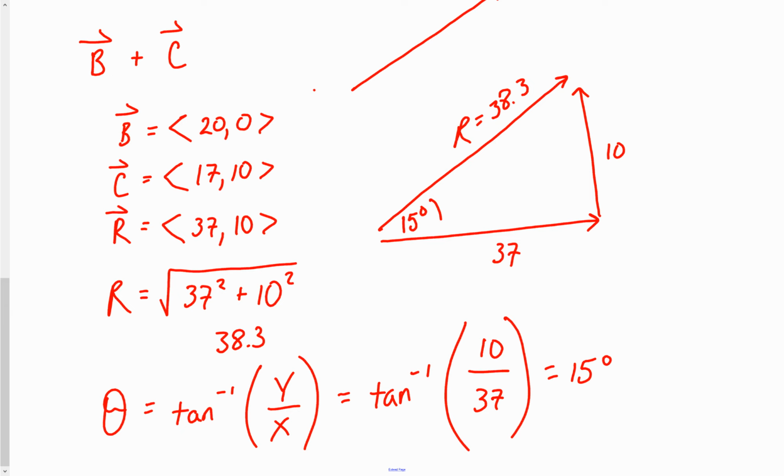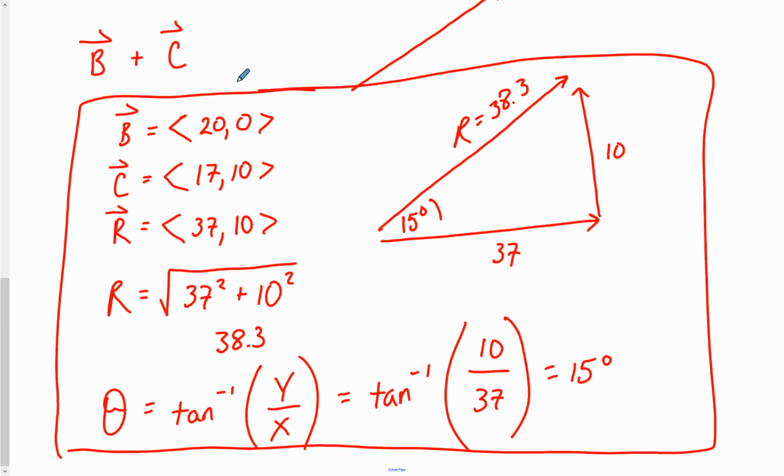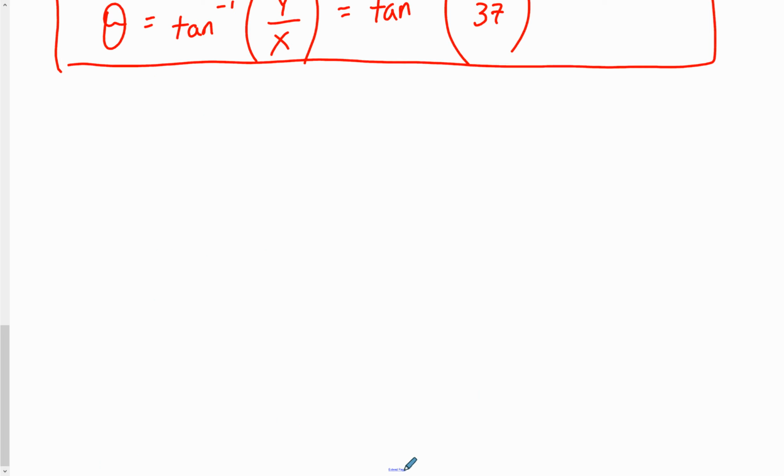Guys, this is such a nice little streamlined way of being able to work these problems. You can give me a list of like 30 vectors. You can say, okay, guys, vector A is 5 left and 5 up. Sweet. Vector B is, let's say, 10 to the left.